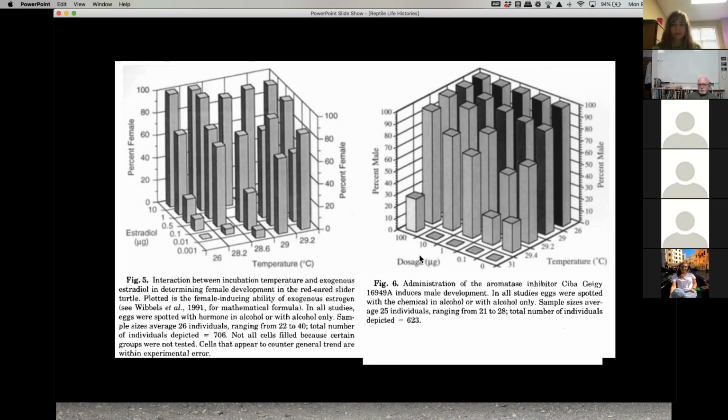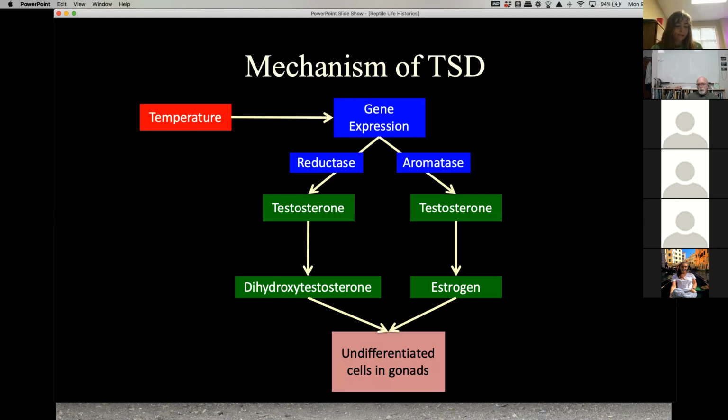I mean, if you're reducing estrogen, you're not going to have as many males. No, if you're reducing estrogen, you're going to end up having more males. More males. Okay.